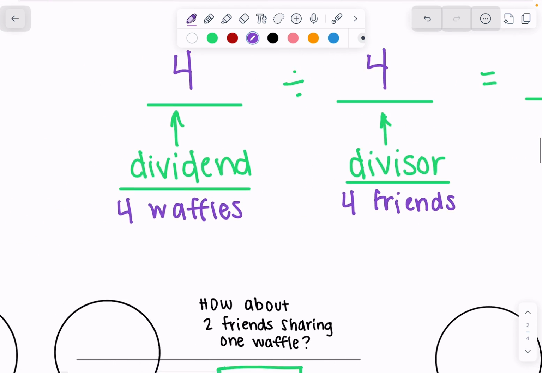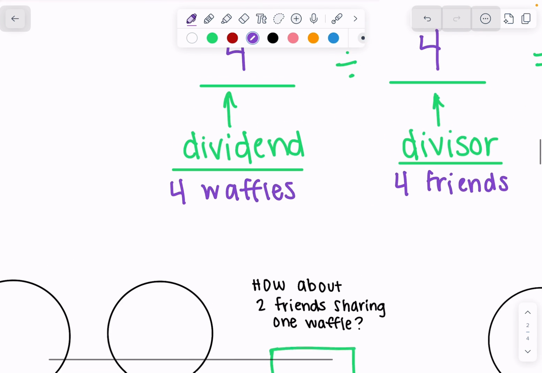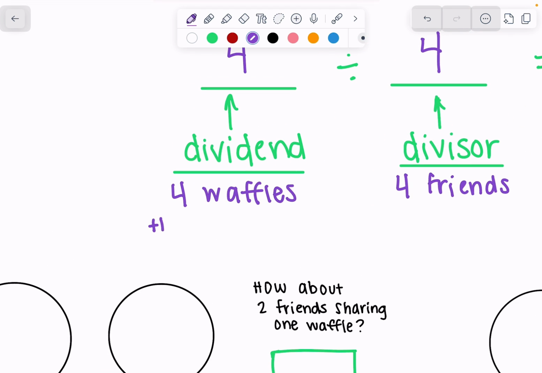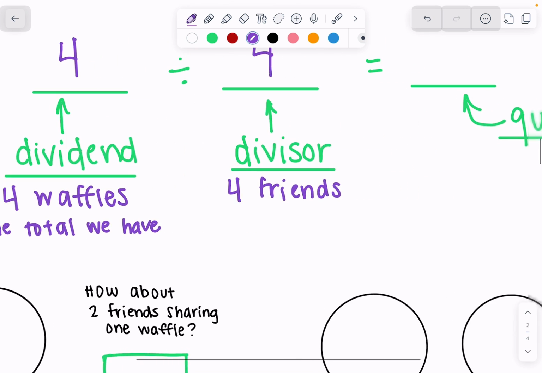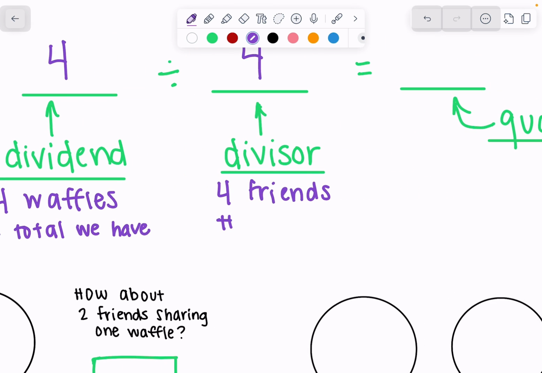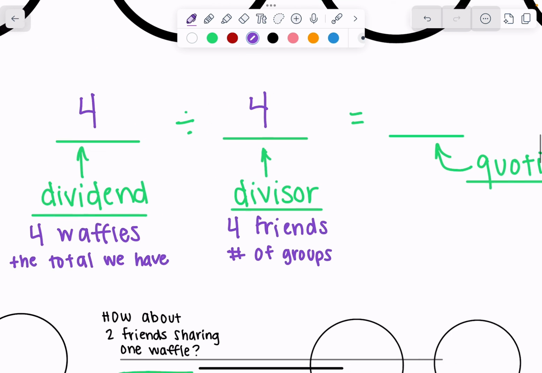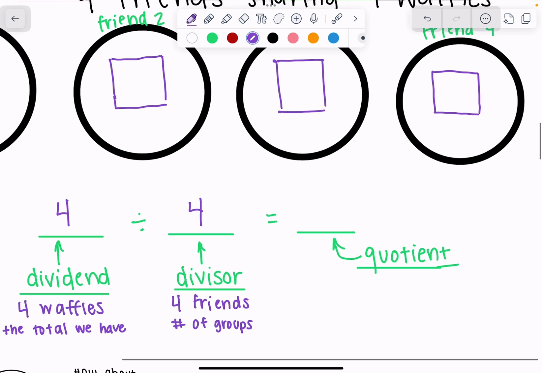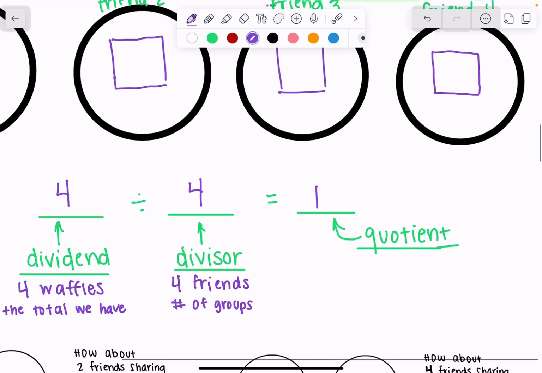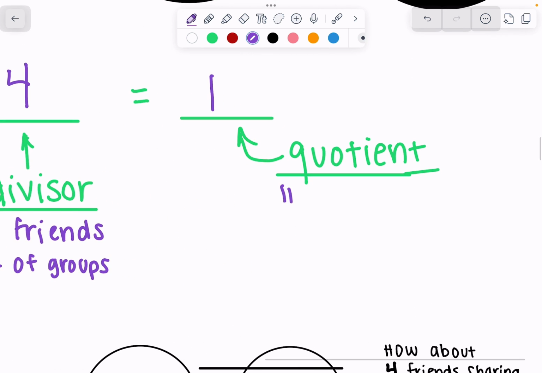So we have what we need to get divided, okay? So the number or the total we have, it needs to be divided into a certain number of groups. And once we've divided our 4 waffles into our 4 friends equally, we figured out that each friend would get 1 waffle.